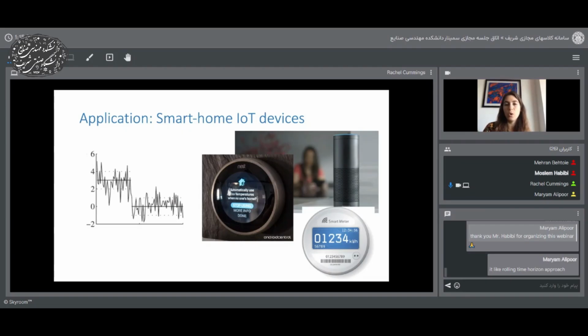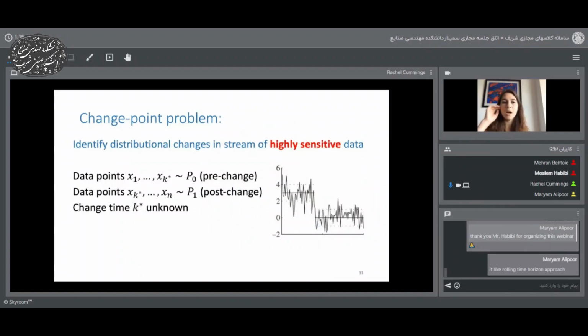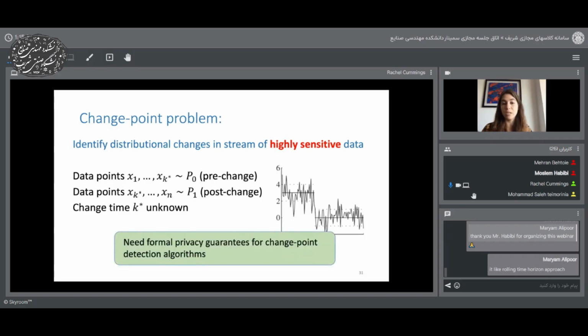They want to know when a person's activity level in the home changes, because that might mean they're not home and we can turn down the air conditioner if they aren't home. But of course, in both of these problems and in other applications, we're talking about highly sensitive data. We're talking about disease outbreaks. We're talking about behavior in the privacy of your own home. And so again, we have to have privacy guarantees here.